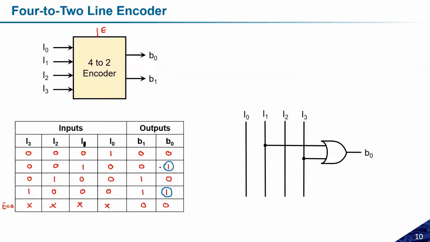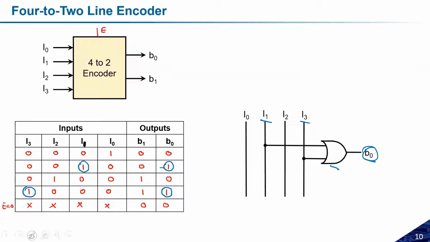For the first high, I1 should be high, and for the second case, I3 should be high. So if I am ORing I1 or I3, then I will get B0. If any one of these is high, B0 will be high.